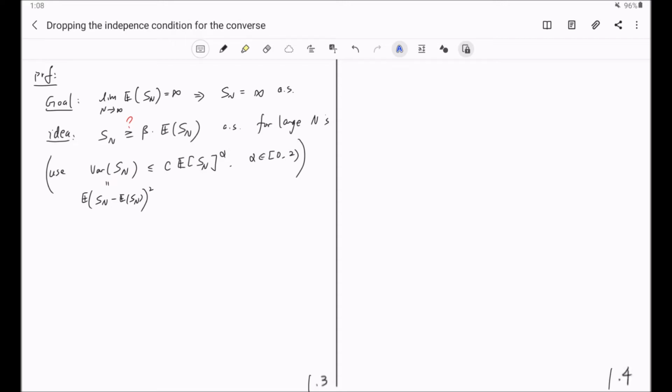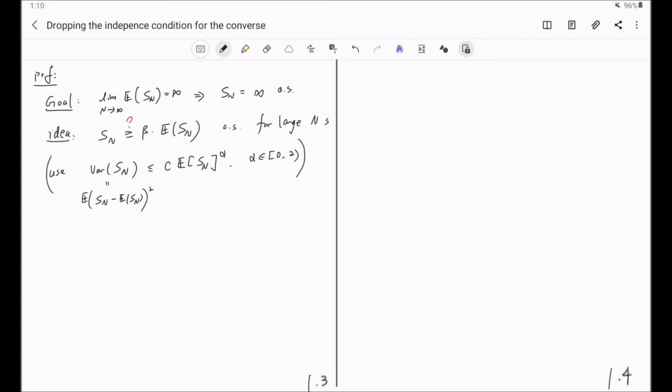Chebyshev inequality basically tells you that Sn will be somehow close to the expectation of Sn. And that, hopefully, will give you this inequality for some beta. And there must be a reason for this alpha to be greater or equal to 0 and less than 2, which you will see in the application of Chebyshev inequality.